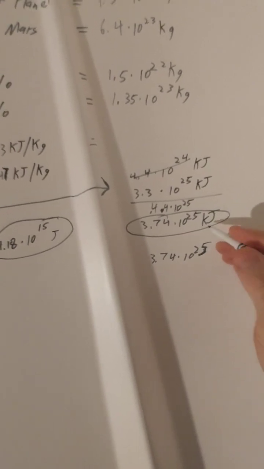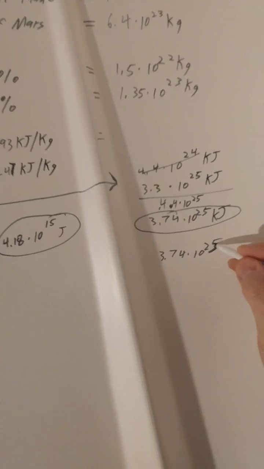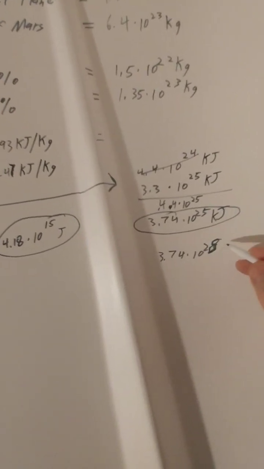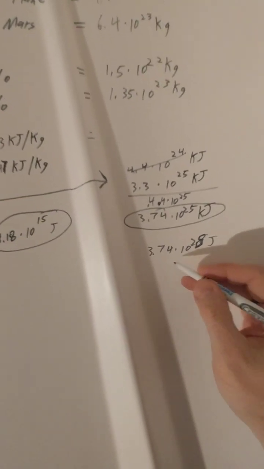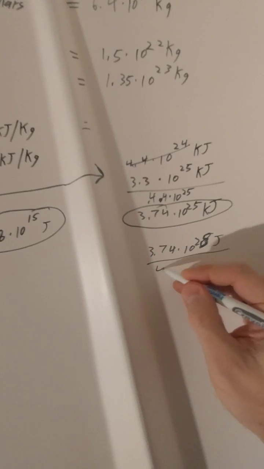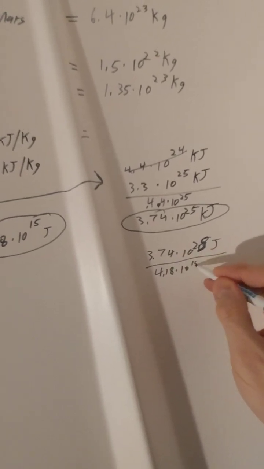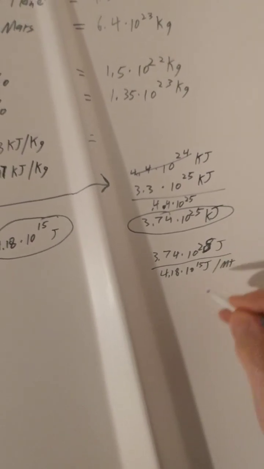It happens. 25, but then we have to add 3 more, because it was kilojoules. So 3.74 times 10 to the 28th joules divided by 4.18 times 10 to the 15th joules per megaton. It's going to give us a little quick action on the calculator.